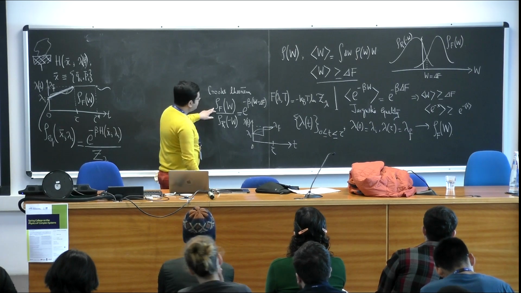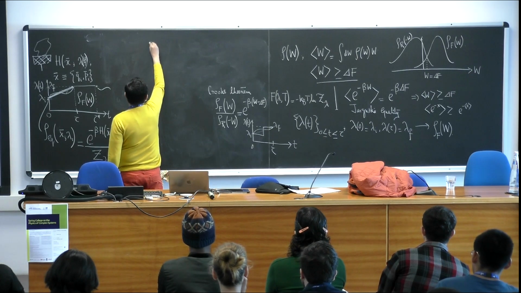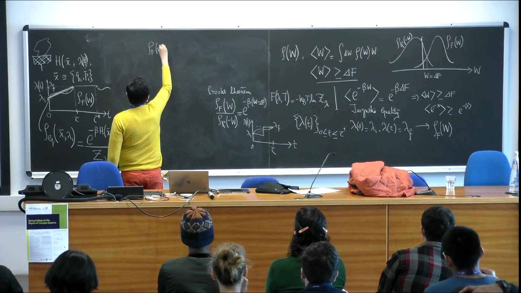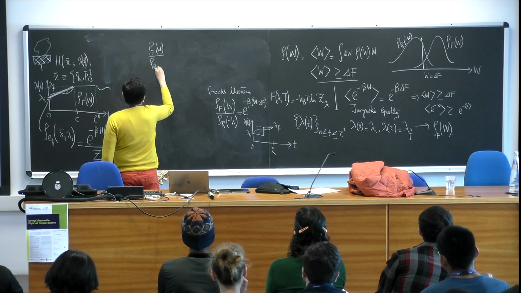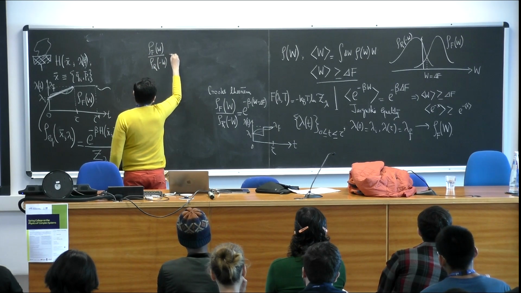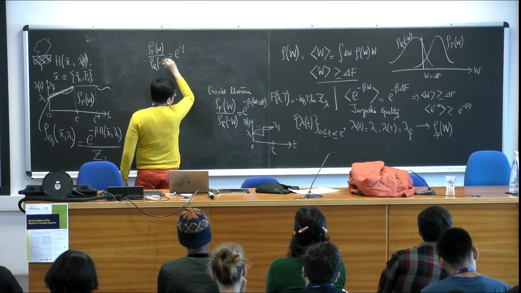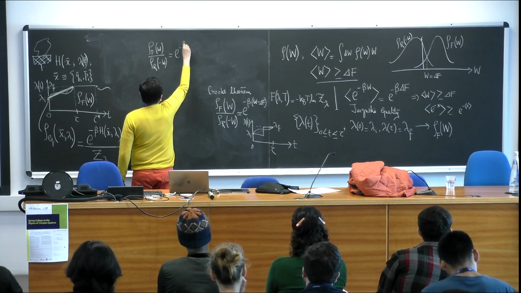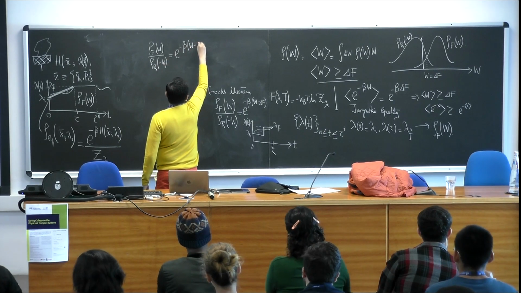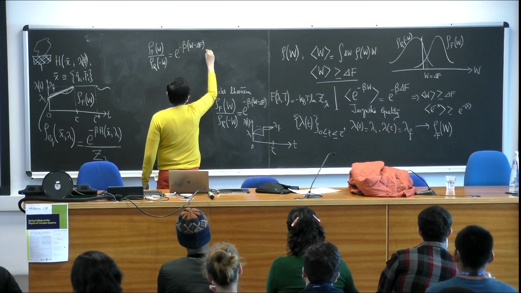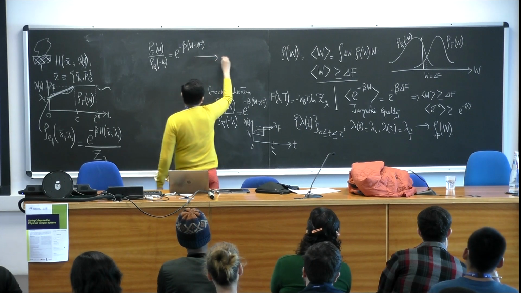How do I, starting from this equation, rho f of w over rho r of minus w equal to e to the beta w minus delta f, how do I go from here to this one?